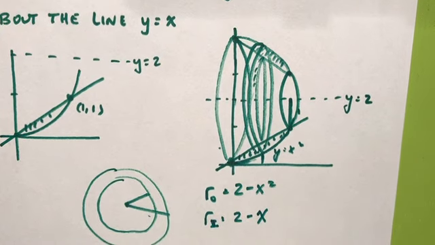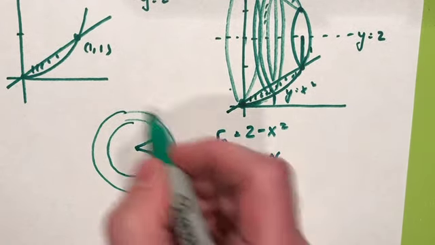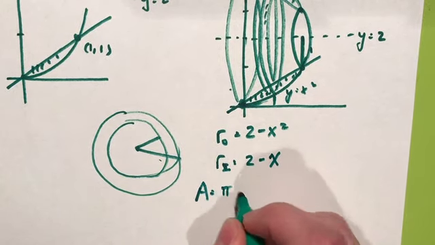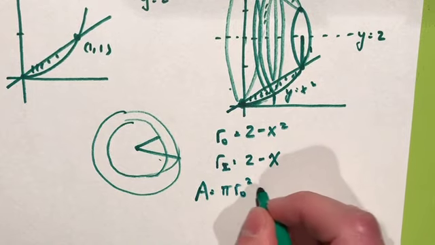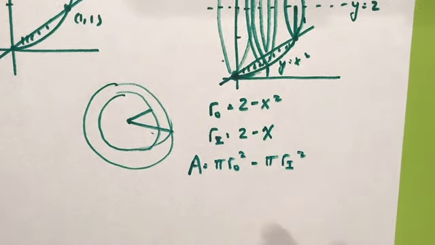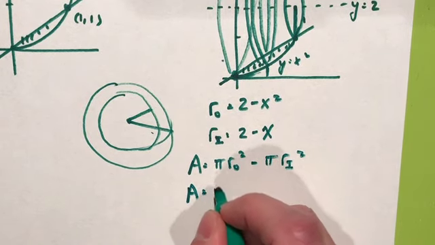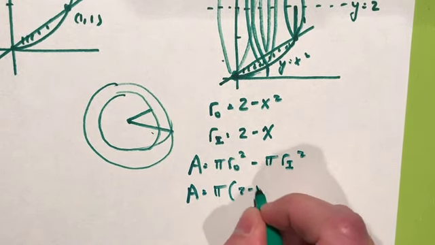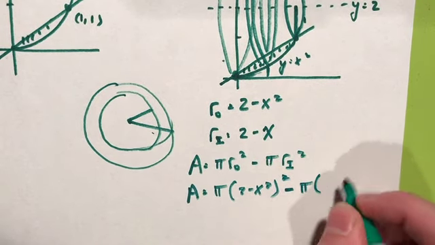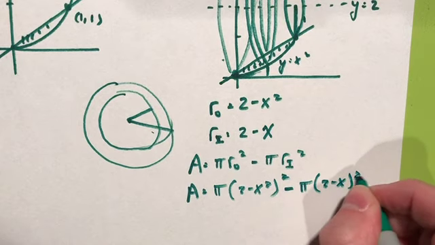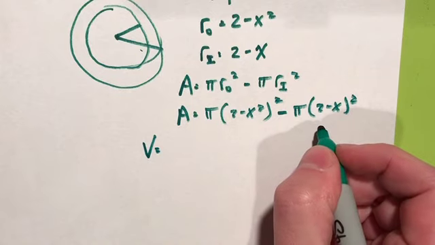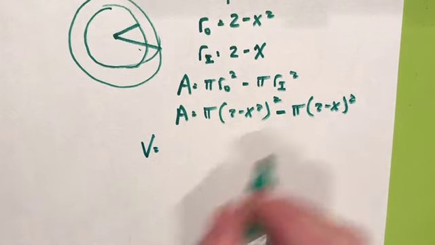Just like before, the area of a single disk is pi, the outer radius squared, minus pi, the inner radius squared. So A equals pi times (2 minus x squared) squared, minus pi times (2 minus x) squared. Making this volume, we multiply by dx, because this is the area of a washer.